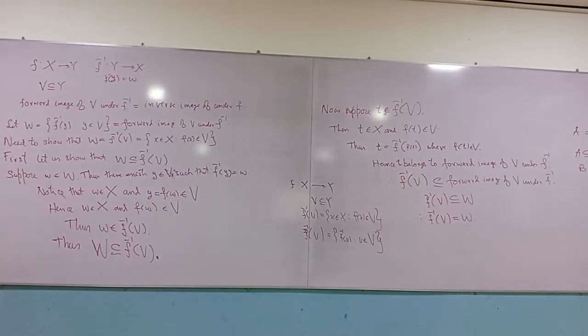Can you use cardinality to prove this? Cardinality doesn't come in here. If A is a subset of B and we prove that the cardinalities of A and B are equal, can we say that A and B are equal? Because cardinalities are equal, you cannot say sets are equal.